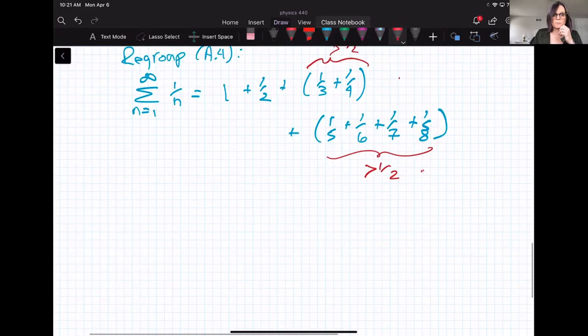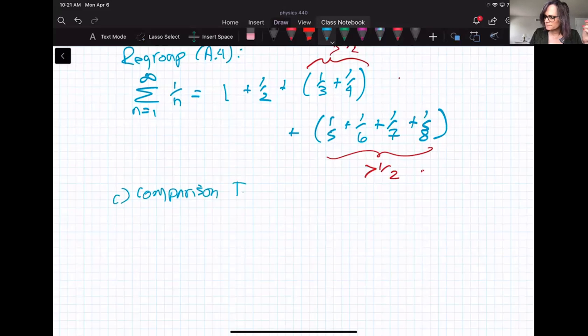One way of determining whether something is convergent or divergent is to compare it to a known series that either converges or diverges. So we have the comparison test. That is, we can compare a series to typically the geometric series.